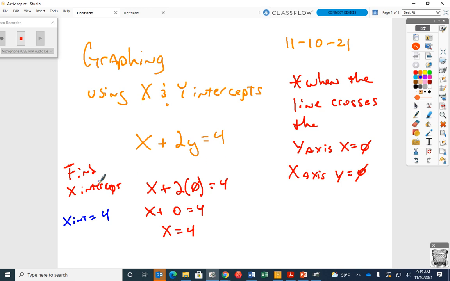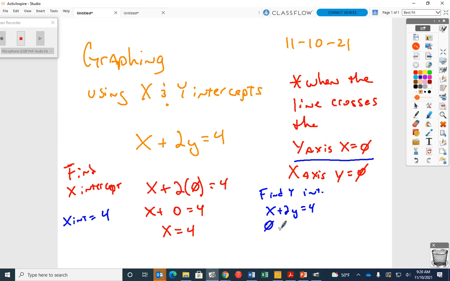Now I'm going to find my y-intercept. If I'm trying to find my y-intercept, my x is going to equal what? 0. So I'm going back to the original equation, x plus 2y equals 4, but this time I replace x with 0.